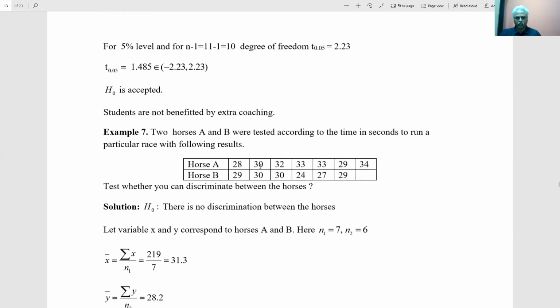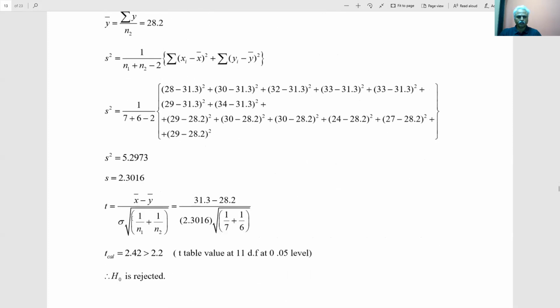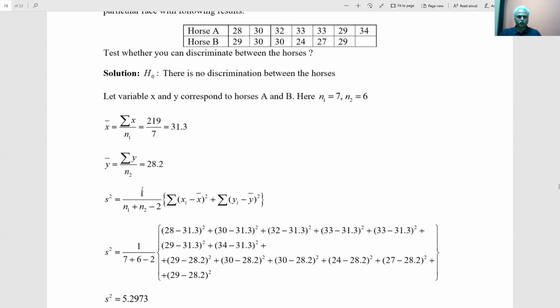So let this be x, this be y, and x bar is the sum of all these divided by 7. X bar is 31.3. The sum of all these divided by 6 is y bar. S square is the combined statistic: sum of x minus x bar whole square plus sum of y minus y bar whole square, divided by n1 plus n2 minus 2.